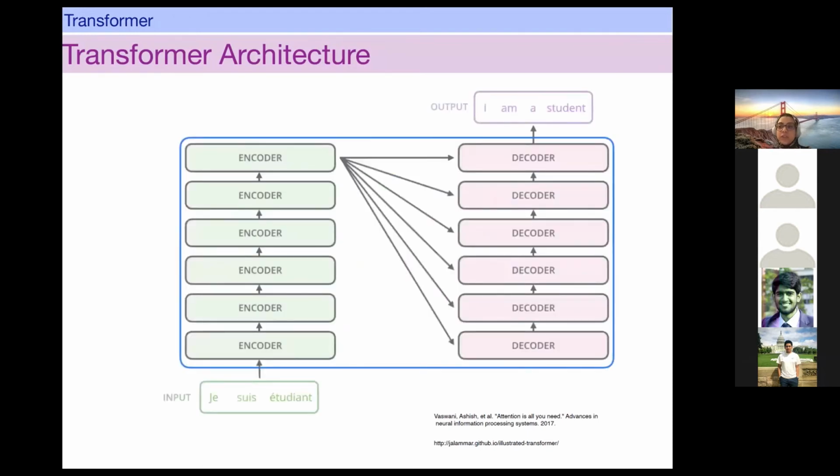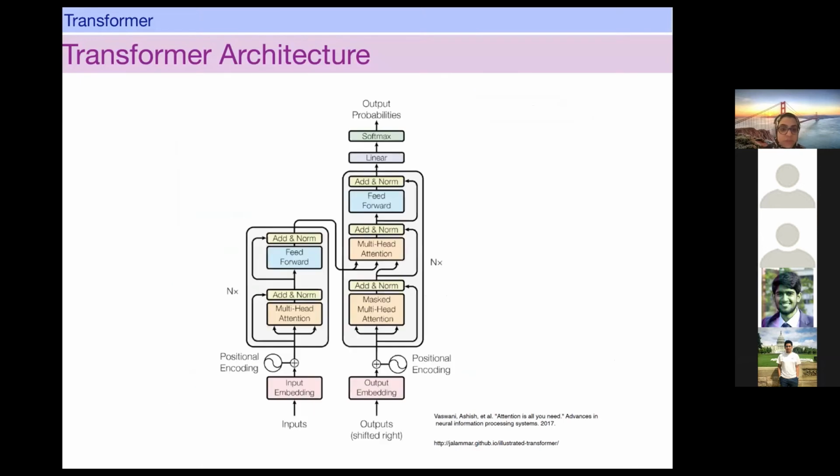Here's when things started to get interesting. They said, well, we're not going to have a single encoder and a single decoder. We're going to have a sequence of encoders, and the last one we're going to use as an input to a sequence of decoders. Okay, so let's look at the structure of the transformer a little bit closer.